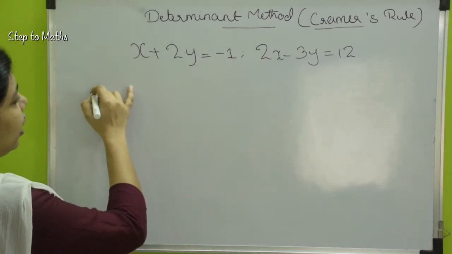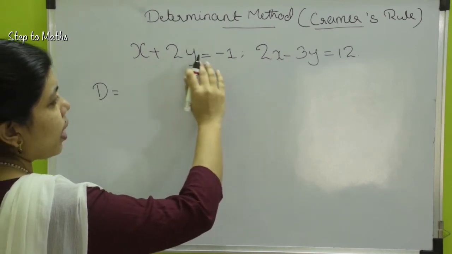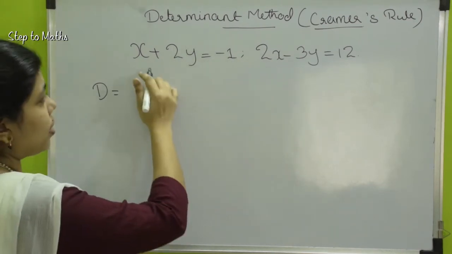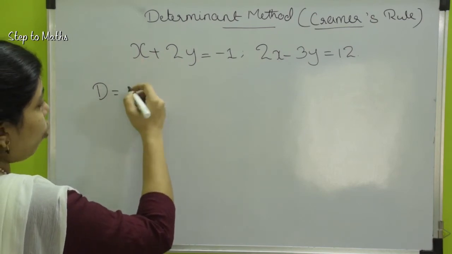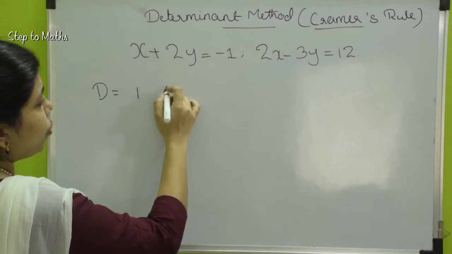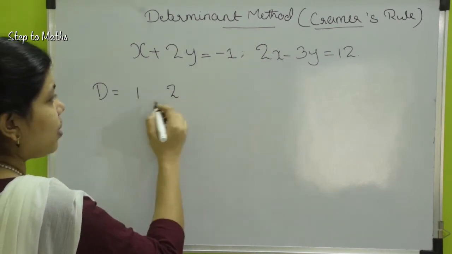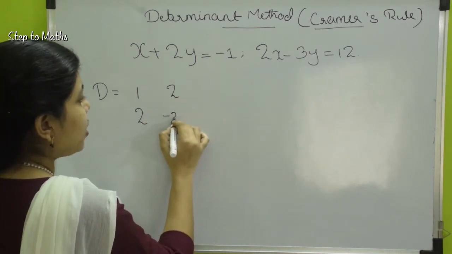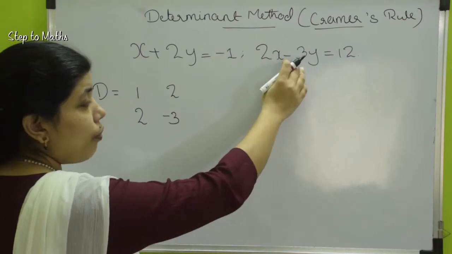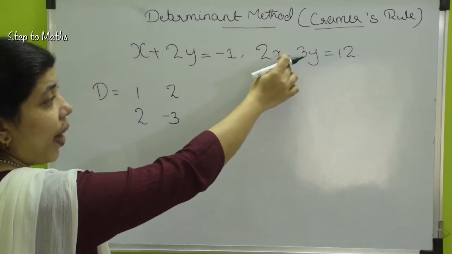So, the determinant D is equal to, take the coefficients of x and y from the two equations. From the first equation, the coefficient of x is 1 and the coefficient of y is 2. From the second equation, the coefficient of x is 2 and the coefficient of y is -3. When writing down the coefficients, consider the signs also. Here it is -3.